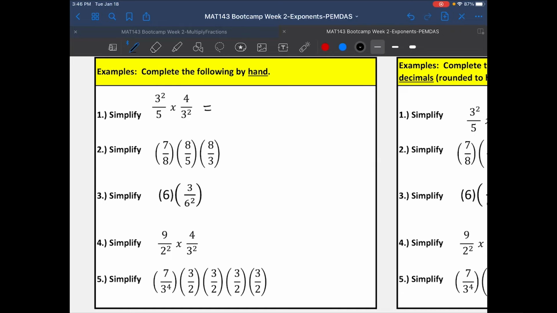So when I am simplifying the multiplication of fractions when exponents are involved, it's treated the same way we did multiplication of fractions before. We're looking to see what we have in common, and we're also looking to see what we multiply together. So here we have 3 squared times 4 over 5 times 3 squared.